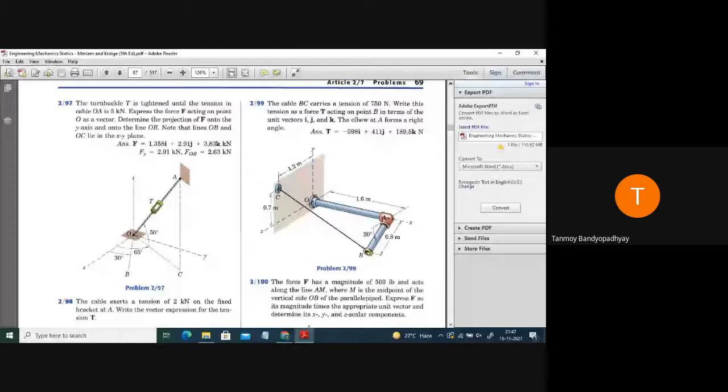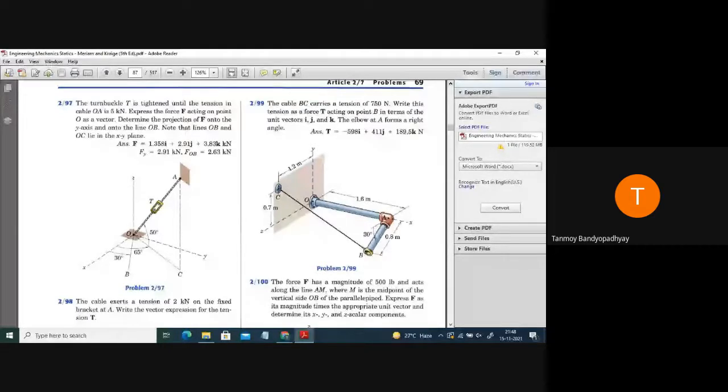Okay? A turnbuckle is something that can be used for tightening or loosening something. It is fitted on the railway lines and so on, you can see. In the summer season it sags, so that is why you might need to increase the tension, so you can rotate the turnbuckle and that will increase the tension in the string OA.